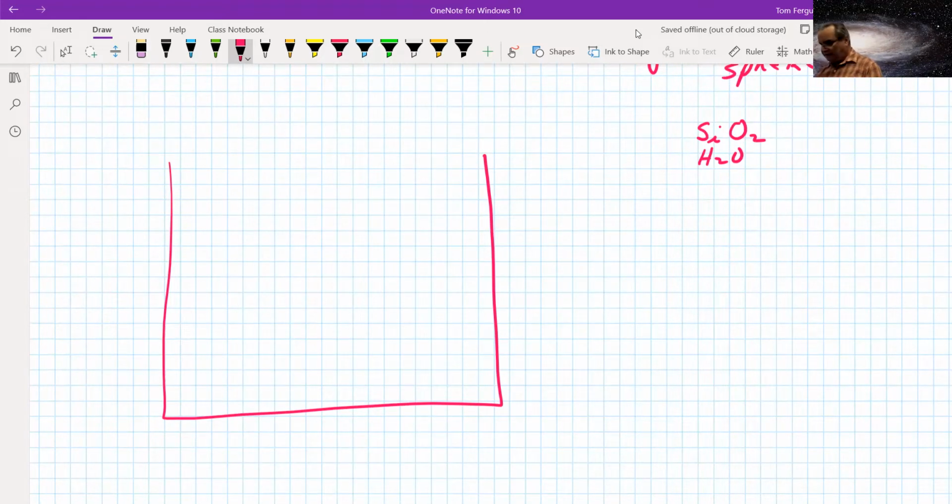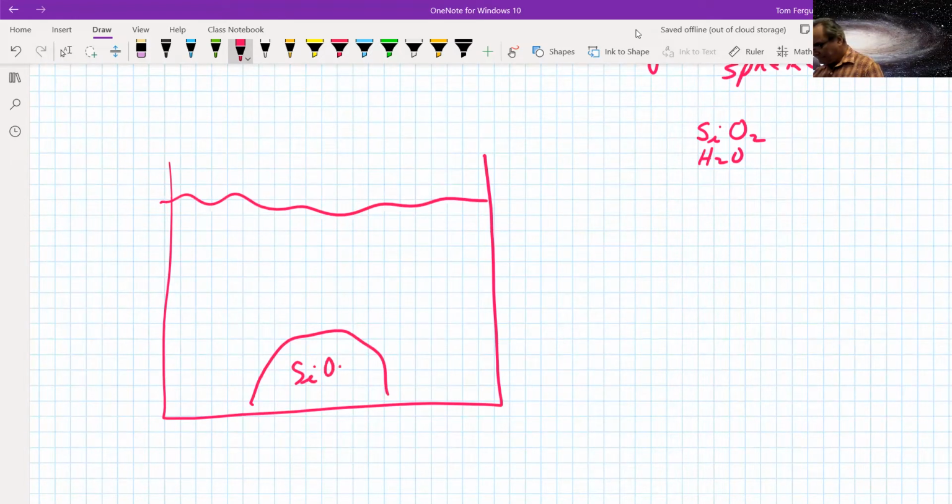Okay, so let's put sand in this water. Now, what happens to the sand? Does the sand dissolve? Does the glass dissolve? No. This is polar, that's polar. Polar dissolves polar. Why does it dissolve? So now it's the water.